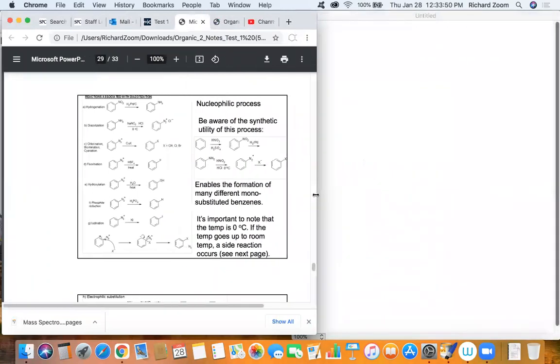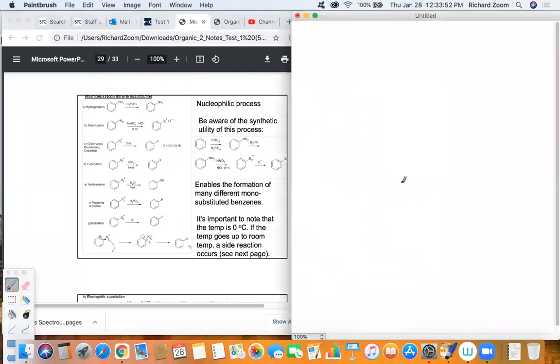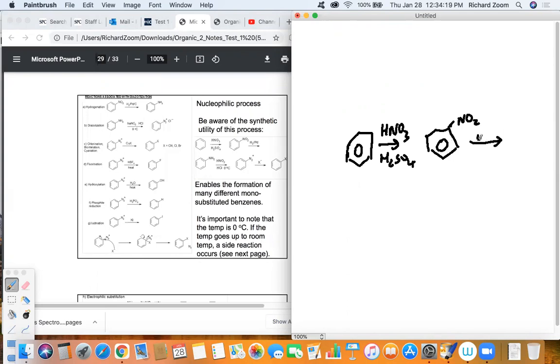The usefulness of the diazidization process is that we can use a synthetic process to take a benzene ring, nitrate it, and then take that nitro group and reduce it, so hydrogen and palladium, to give an NH2.